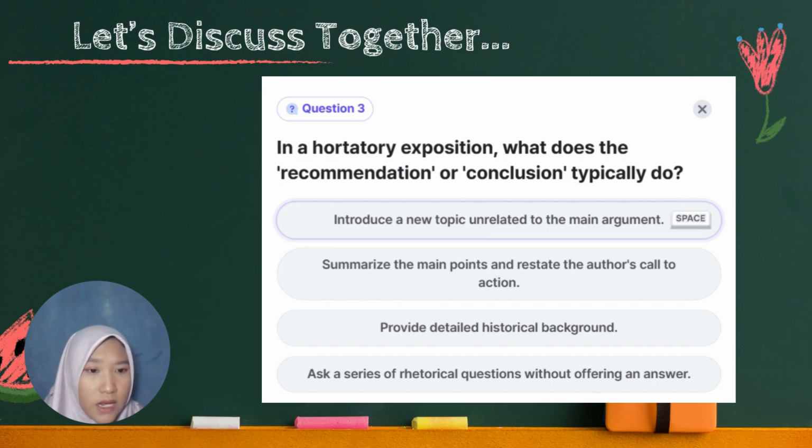And the last one, ask a series of rhetorical questions without offering an answer. In some cases, authors use rhetorical questions to make you think. But for hortatory expositions, we must state clearly our solution or recommendation about something, and we cannot leave the reader confused. So option D is incorrect too.